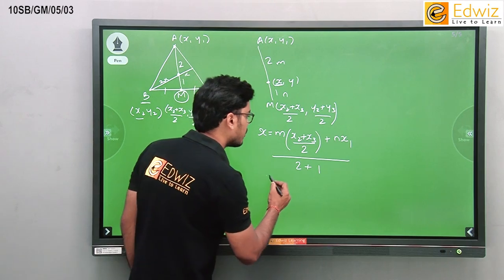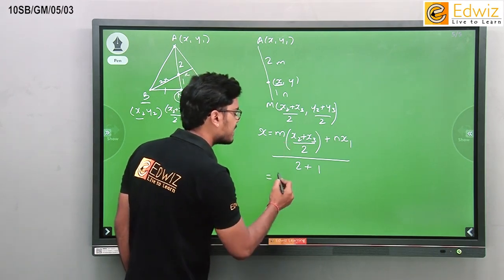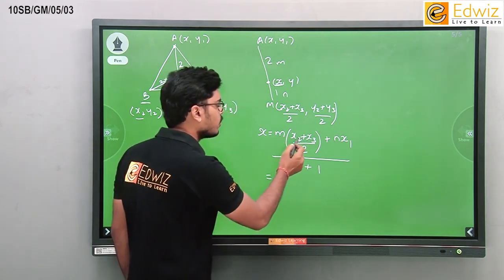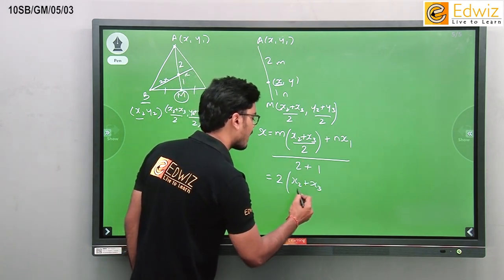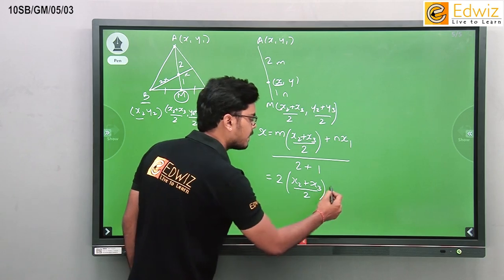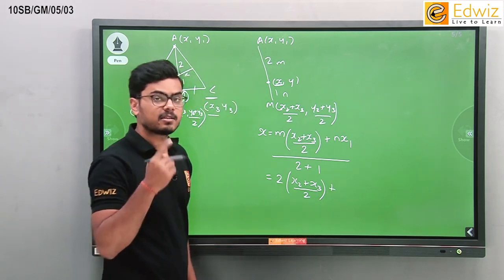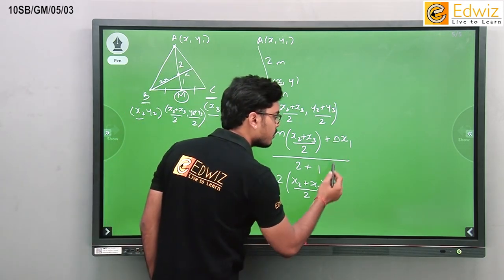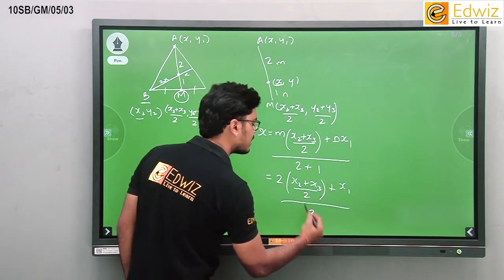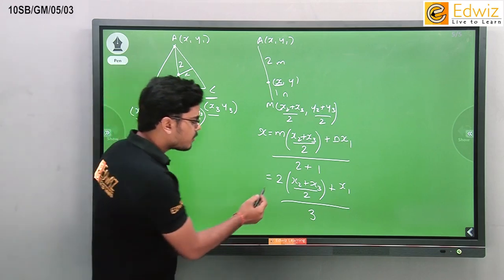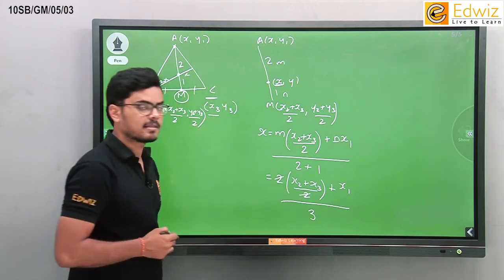So this will be equal to, see, as I told you, m is 2. Okay, so 2 into x2 plus x3 divided by 2 plus n is just 1. So यहाँ पे 1 हो गया, इसका मतलब क्या है, यहाँ पे सिर्फ x1 आएगा, divided by 2 plus 1 is 3. Okay, so here you can see this 2 and 2 is getting cancelled.